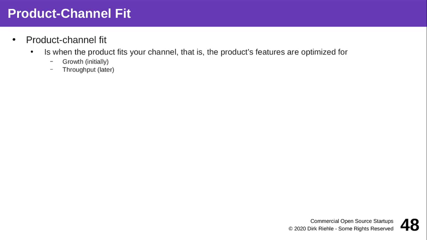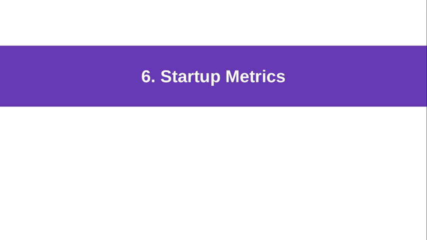This arguably is outside the scope of what we can cover in this course, because if you have product channel fit, you are most likely already a successful startup, and hence you will have to turn to more literature to learn about that.